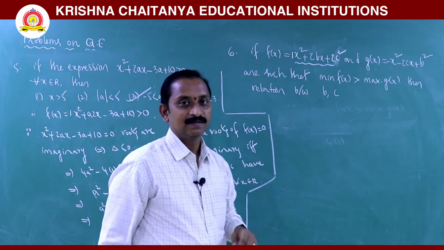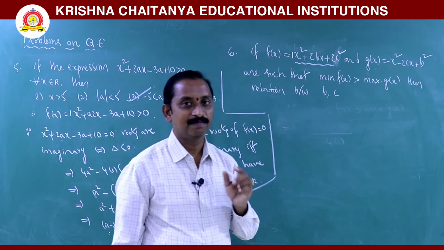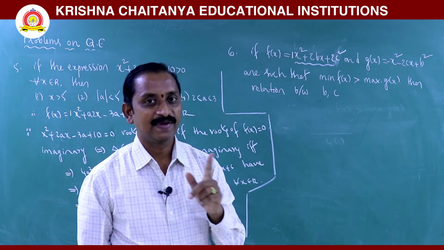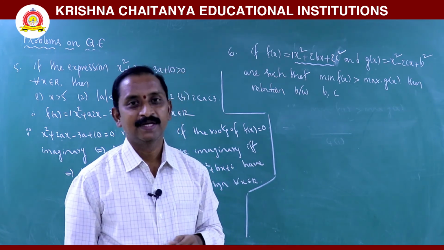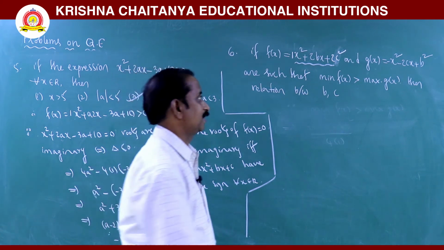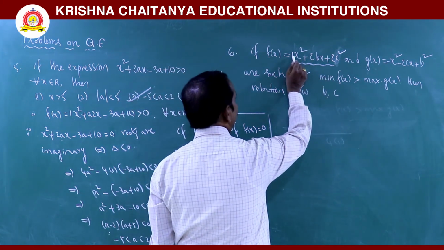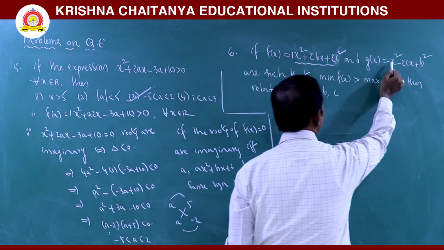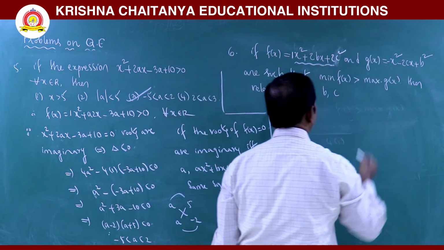We know that for any quadratic expression, minimum value or maximum value depends upon the leading coefficient. If a greater than 0, minimum value; a less than 0, maximum value. So here a is 1, positive, so f of x has a minimum value. Here a is negative, so g of x has a maximum value.